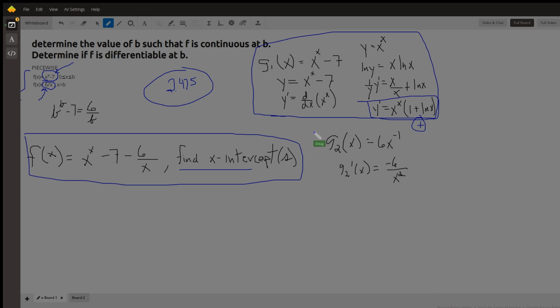But if we take the derivative of the second piece, that derivative, no matter what we plug in for x, is going to be negative, because we've got negative 6 over something squared. So that means the derivative from the left, or the slope of the tangent line as we come in from the left of b, will not equal the derivative from the right.